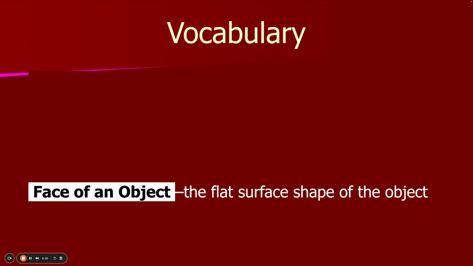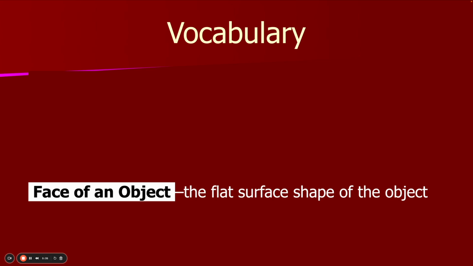And then our last term is the face of an object. It's the flat surface or face of an object. Where you might be familiar with this is we might say the face of a clock, like a clock face, and we know what we're talking about. It's oftentimes that circle where the numbers from 12 go around.